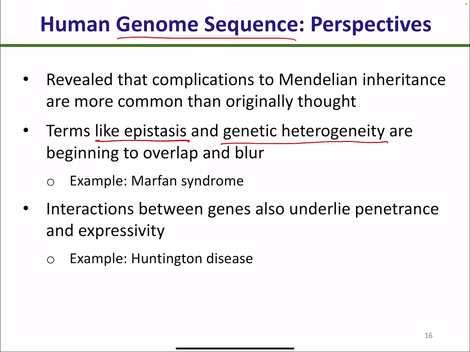Some examples are the Huntington disease that exhibits different forms in a population and cannot be explained by the simple way of Mendelian genetics.